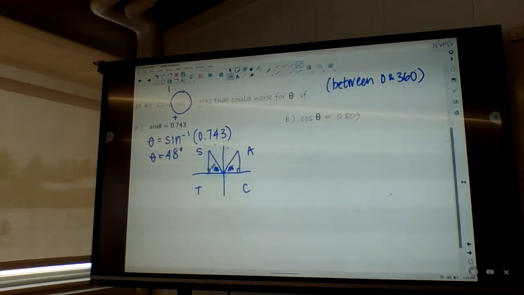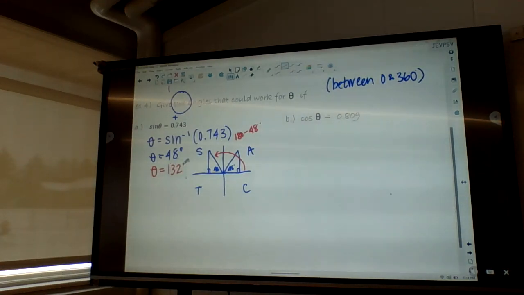However, if I wanted to know what that angle actually was, the reference angle is 48 degrees. What I want to know is what would this angle be, because that will give us the same answer. 180 minus 48? Yep, so we're going to do 180 minus 48. So my other angle for this would be 132.